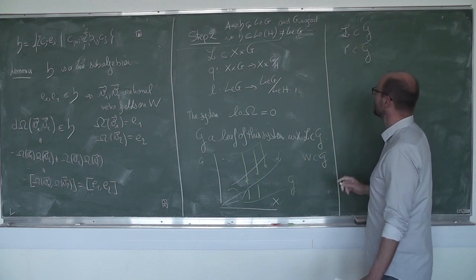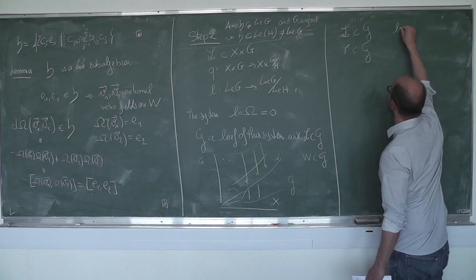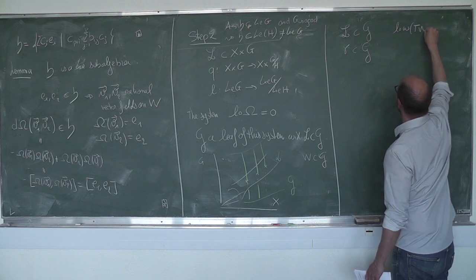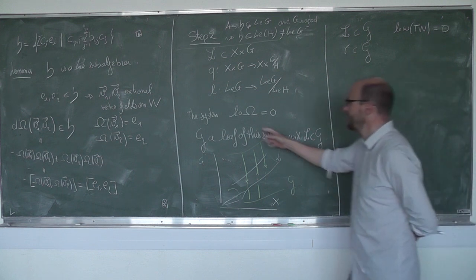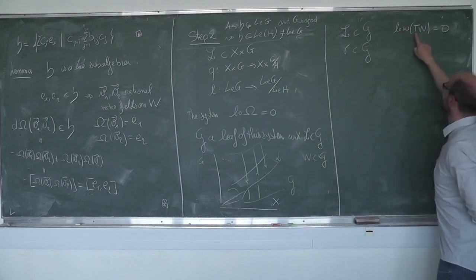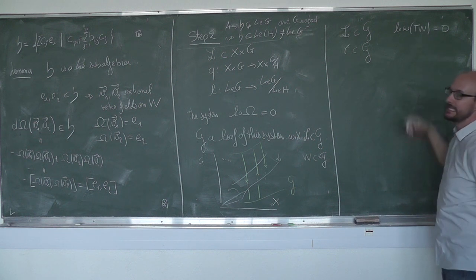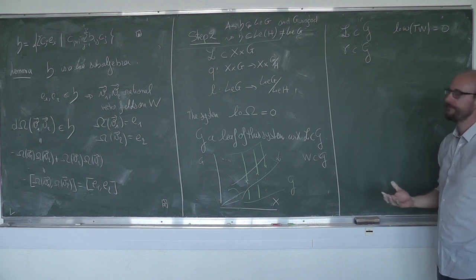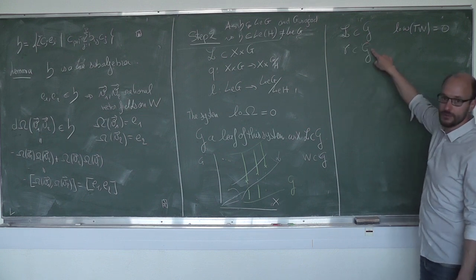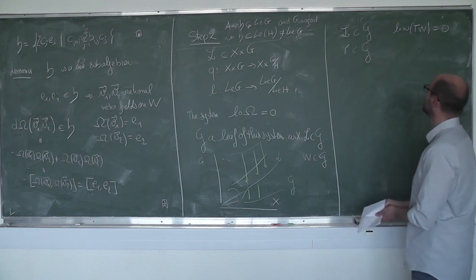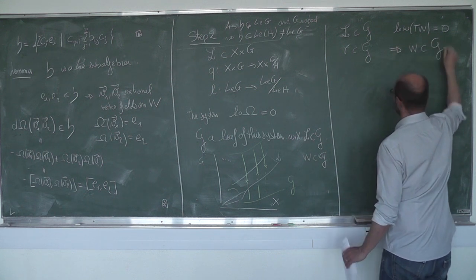Gamma is in L, so there's no problem. But then, if you compute L omega of TW, this is 0. We did this in order to get 0. And then this space W is included in the leaf. The intersection with this leaf is non-zero, and leaves are disjoint. So this implies that W is inside this G.